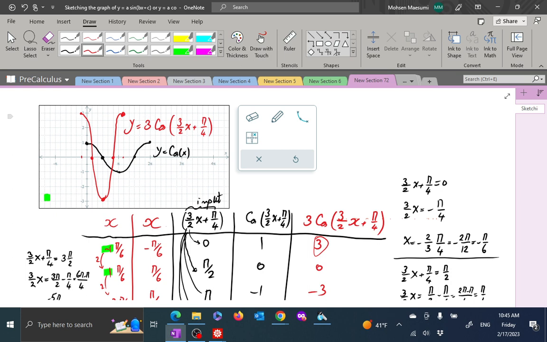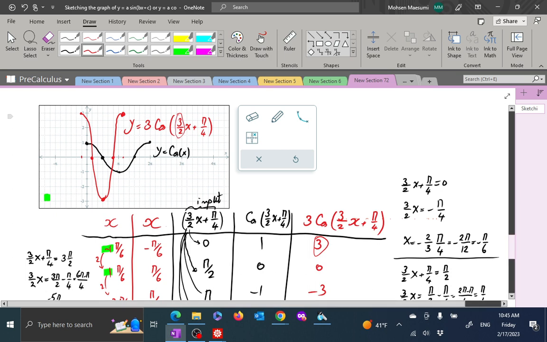So some squishing happens because 3/2 is larger than 1. That's going to squish the graph by factor of 3/2, like 1.5 times. This graph, this black one, got squeezed, got narrower by factor of 1.5. It's 3/2. Some shifting is happening.